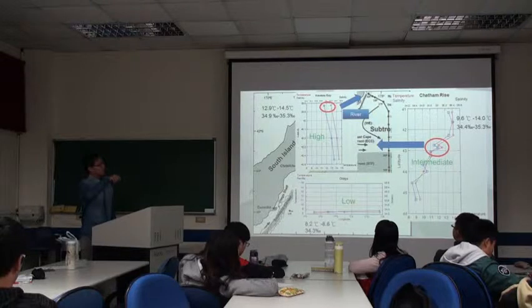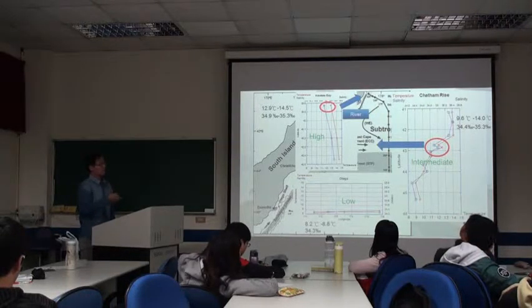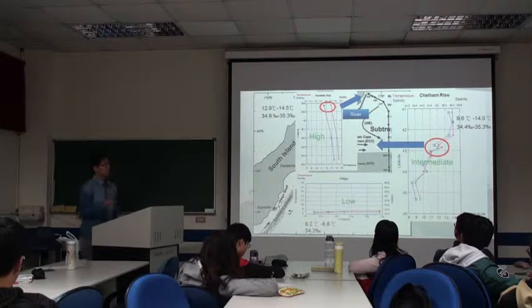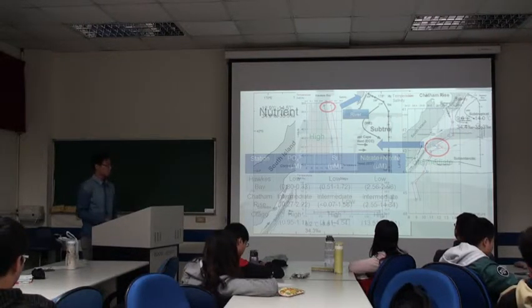This one is near the landmass, so the river causes a little lower salinity and a little lower temperature. And this point is a little higher because of the escape current.